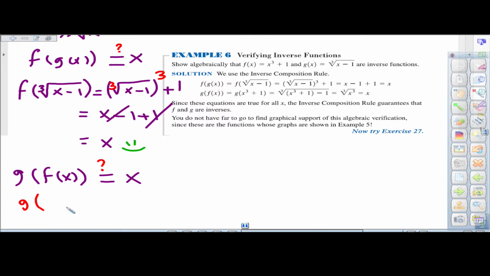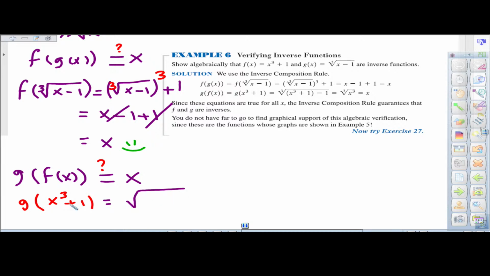The other side of the mountain. Okay, so I've got x cubed plus 1. I'm going to substitute that into my g function, which is a cubic root of that.